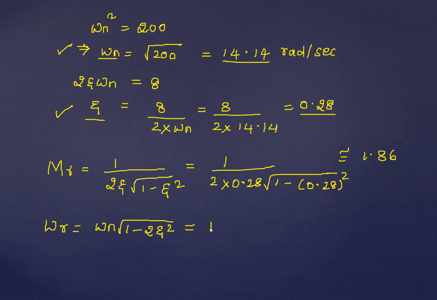Omega n value is 14.14 and square root of 1 minus 2 into 0.28 whole square. So here you are getting approximately 12.98.